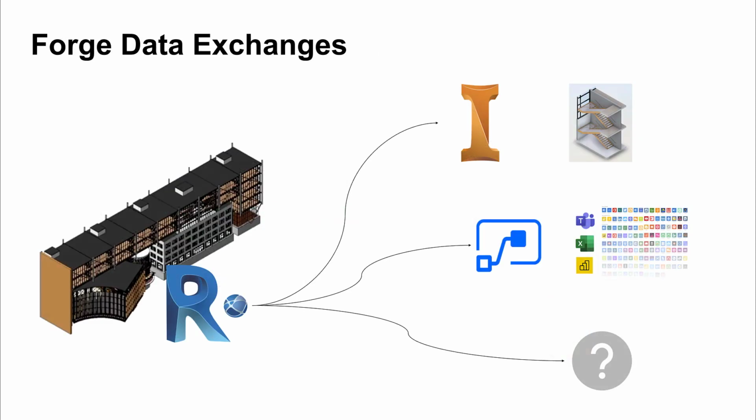Last but not least, I wanted to make you aware of Forge data exchanges. We've spent quite a bit of time this year opening up Revit data in a way that makes it available to multiple systems. We take Revit, open it up, making it available in Exchange, and that Exchange can be consumed in Inventor, and the same Exchange can also be consumed in Power Automate.